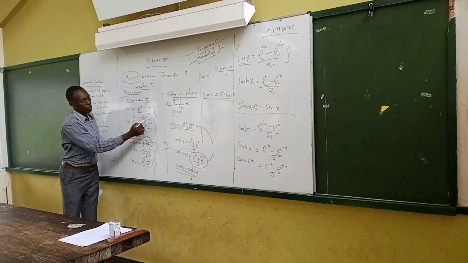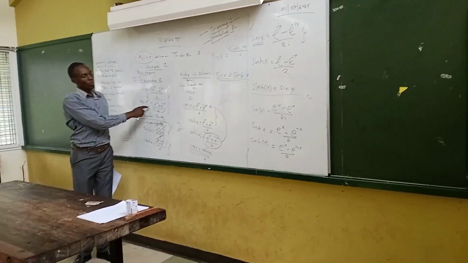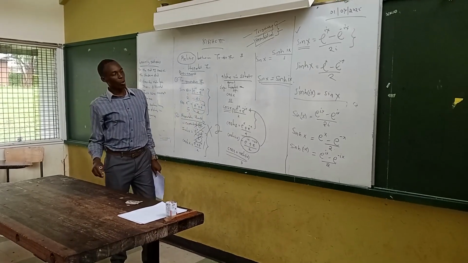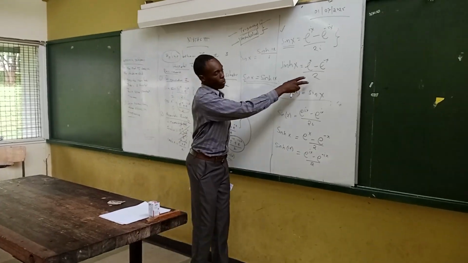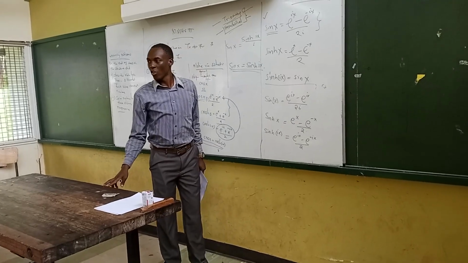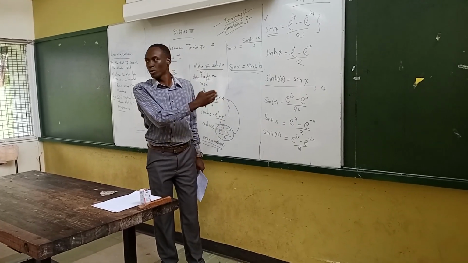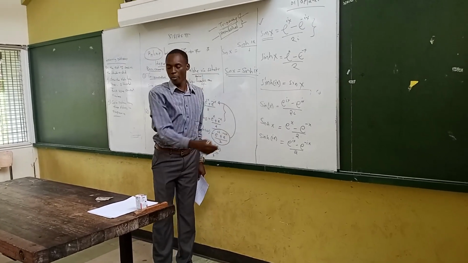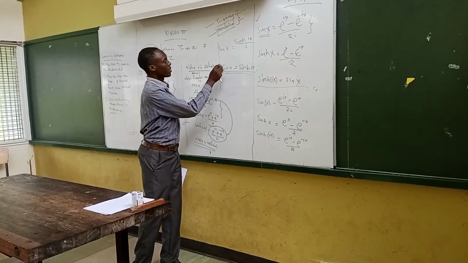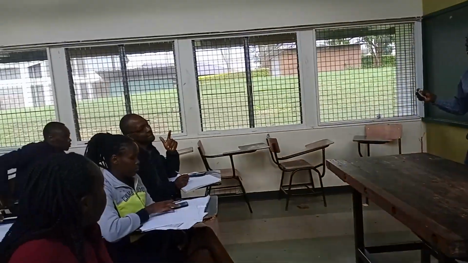You have copied this in your books. Make sure you use the correct Euler formula, because it is the one which is going to help you derive this correctly, or get a relationship between trigonometry and hyperbolic correctly. Any question? So sine has an i, but the first one does not have an i. Make sure you note that correctly.